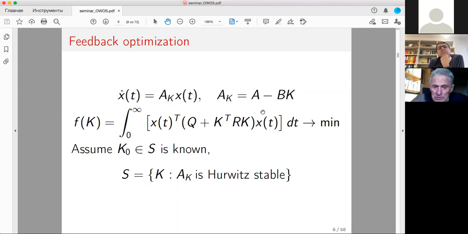Okay, so now we have a problem of minimization of some function of K. Well, it is not completely explicitly written because we have this integral. So there are some important tools for how to deal with such problems.